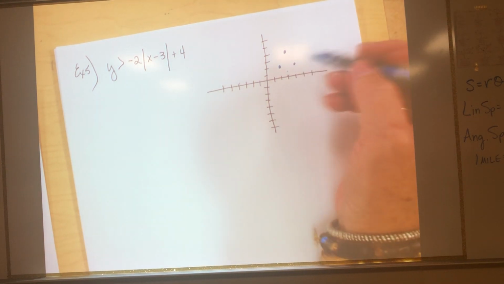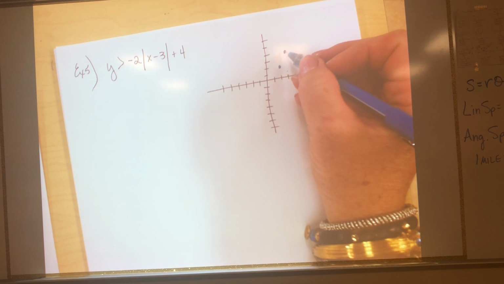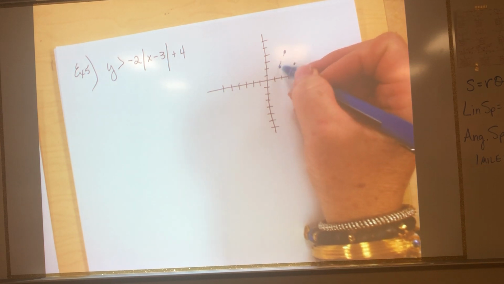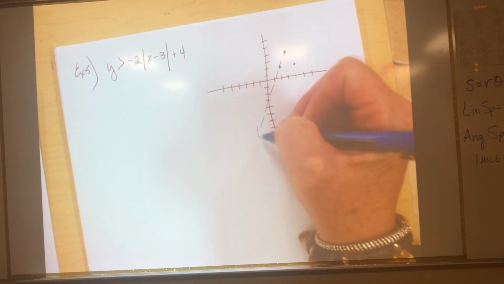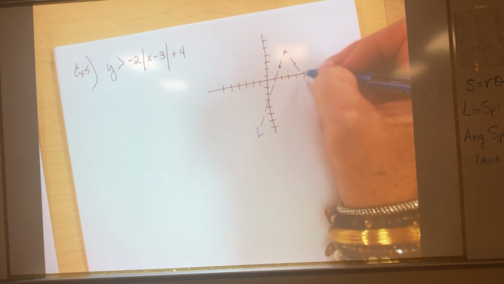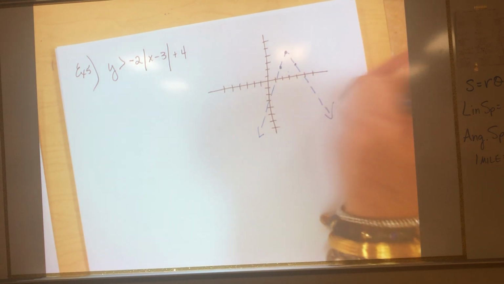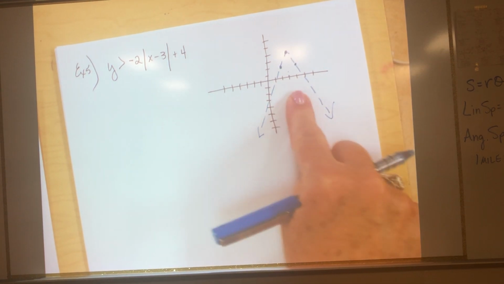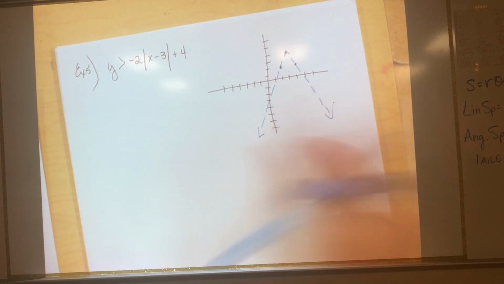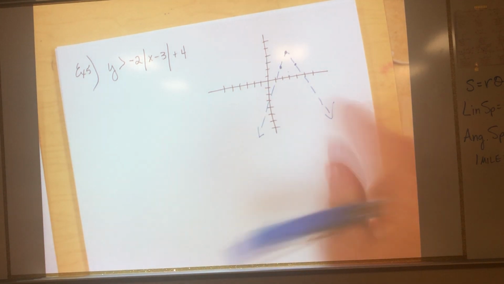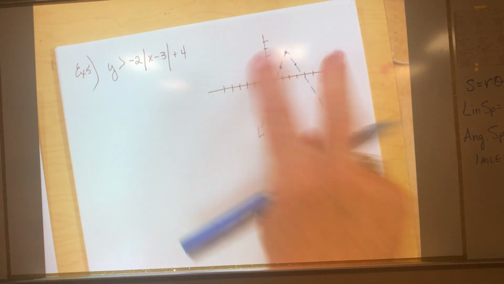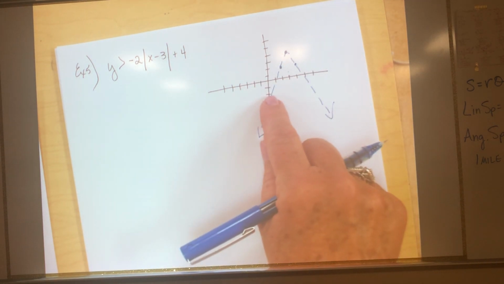Now I'm going to make it, is it solid or dotted? It's dotted. That'll cost you a point if you made it solid, okay? Now, you're either going to shade inside the V or outside the V. That's your only choice, okay? I love my rule because it works here. It works everywhere.